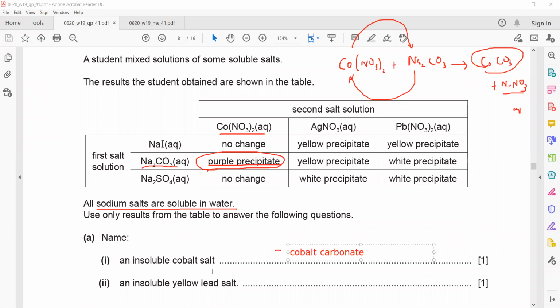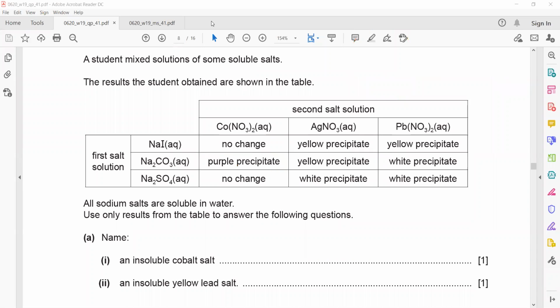The next one is an insoluble yellow lead salt. What is the name of this salt? When lead nitrate is mixed with sodium iodide, it forms a yellow precipitate. So it will be lead iodide, because lead nitrate was added to sodium iodide.